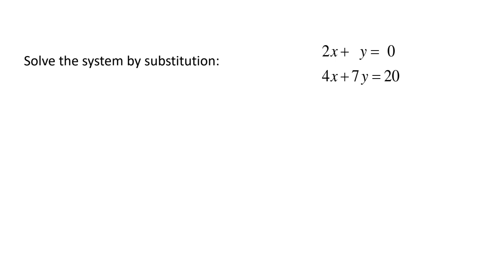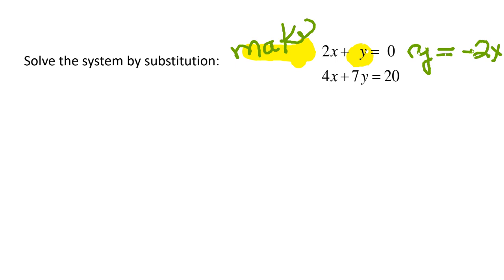I can make this equation my home. But how do I make it my home? I subtract 2x from both sides. I make this equation, the first one, because y is by itself.